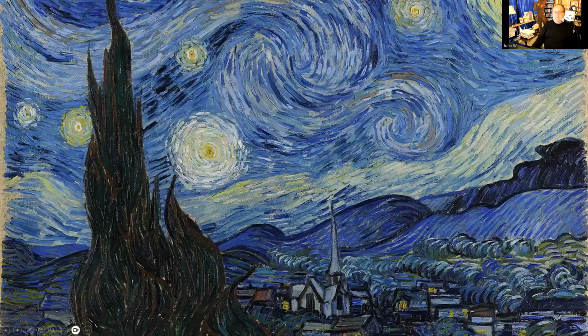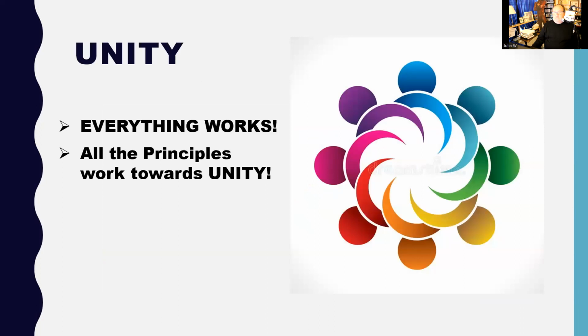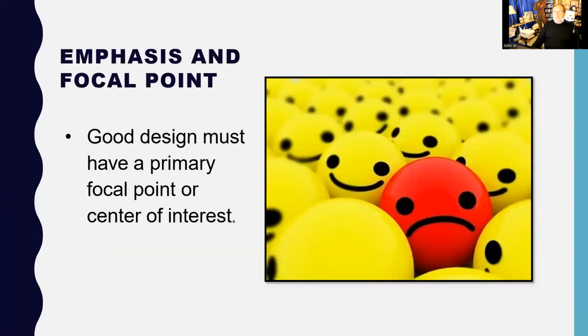Van Gogh again. Unity. This beautiful example of unity. Visual harmony. Everything works together. Now, how about emphasis for unity? Focal point. Good design must have a primary focal point or center of interest.